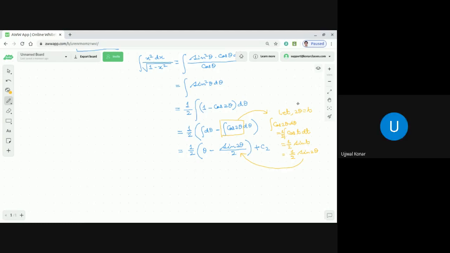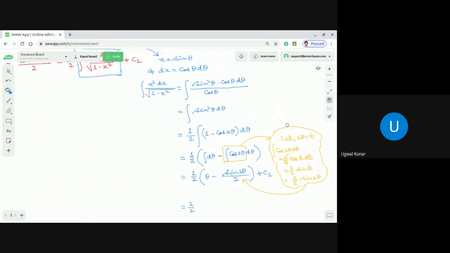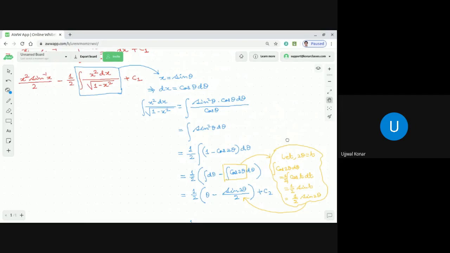Now, whatever I have done in this one, you should be matured enough to do by yourself, it is so simple. Correct, no? Yes, sir. So then what do we get? We need to finally revert back the value of theta. What was theta? Theta was our assumption. What is theta? Theta is equal to sine inverse x, isn't it? If x is equal to sine theta, theta equal to sine inverse x in simple terms.